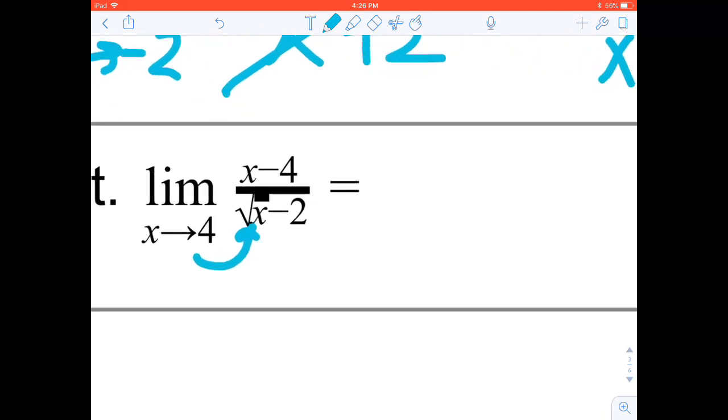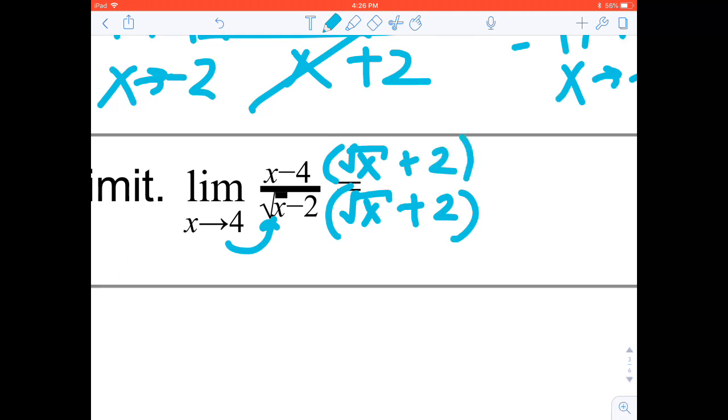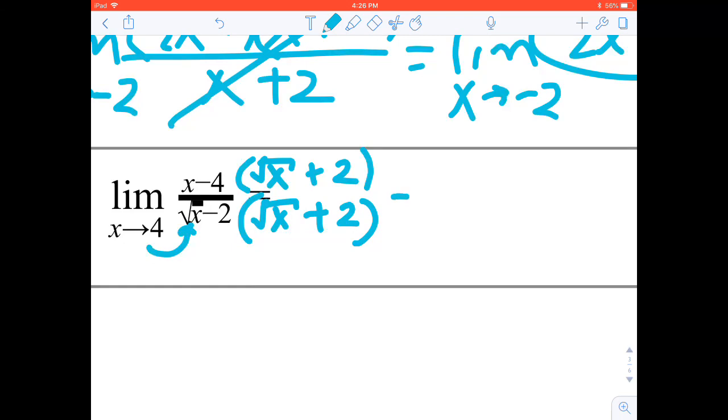So the way that I do this, I'm going to multiply by the conjugate, which is going to be root x plus 2. Remember, everything stays the same except for the sign that separates the two terms. That becomes opposite. So I multiply the top and the bottom by that expression there.